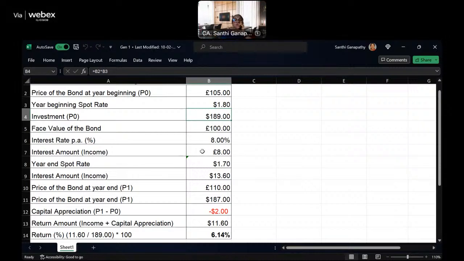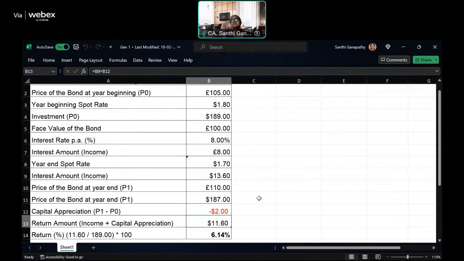At the end of the year, I'll get the interest income, which will be in GBP. I will also get the price, which will again be in GBP. Convert both at the year-end exchange rates given to dollars. See how much is the income, how much is the capital appreciation. The total will give you the return.